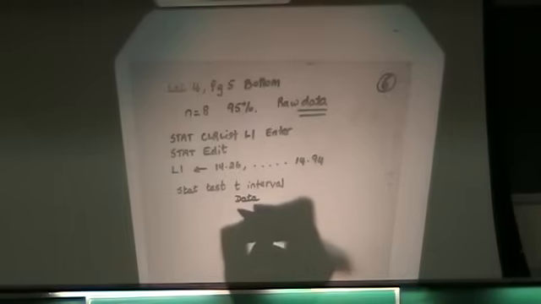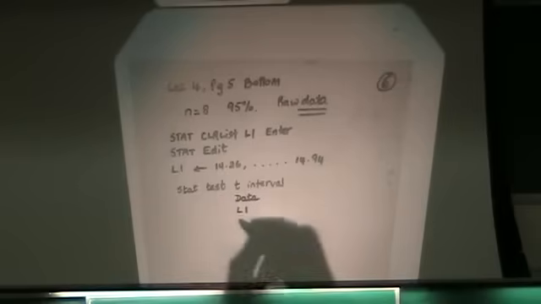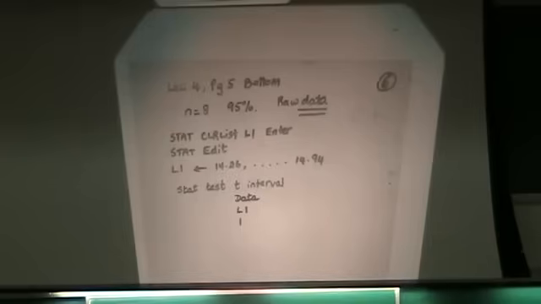Is it asking you for which list? L1. L1 is the list. Does it have frequency below that? So just put in 1, because every point was put in individually, right? Then what does it ask for?